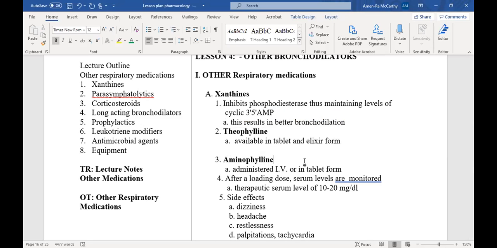There are only two xanthines that we use, and that is theophylline and aminophylline. Xanthines are the drugs that block phosphodiesterase.